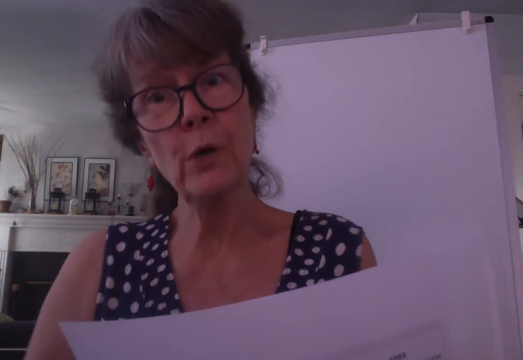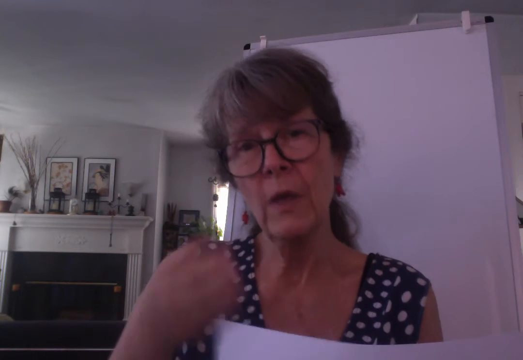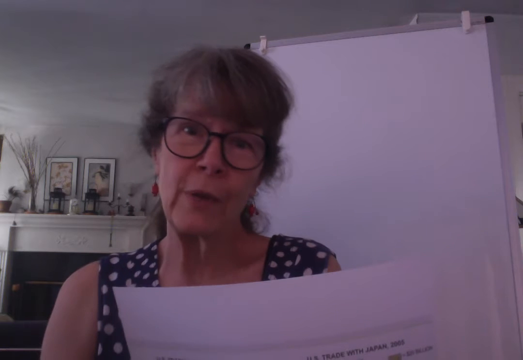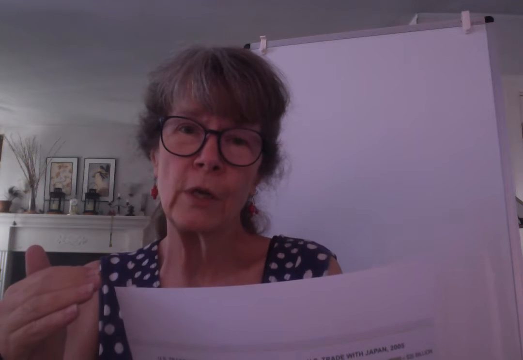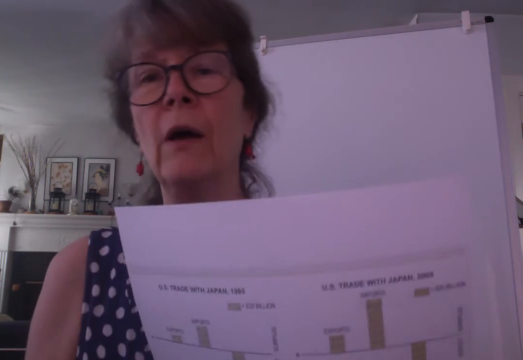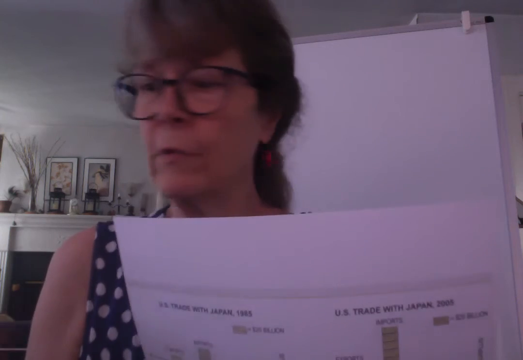So we export stuff to them, we import things from them. We don't want to export more to them than we import, because then we've given them more than we've taken in. Or probably we don't want to do it the other way around. We don't want to import more from them than we export. Otherwise, we've spent more money than they have, right?